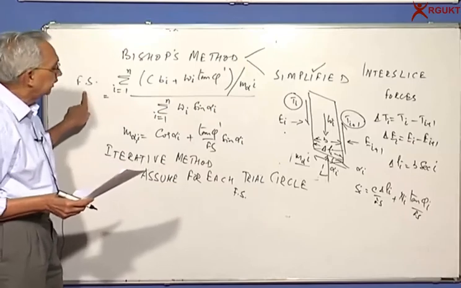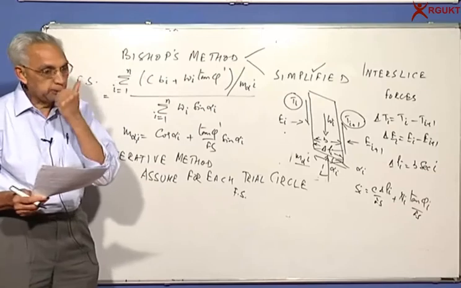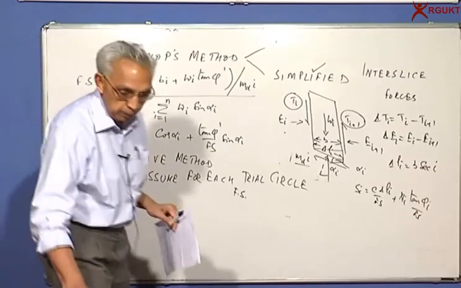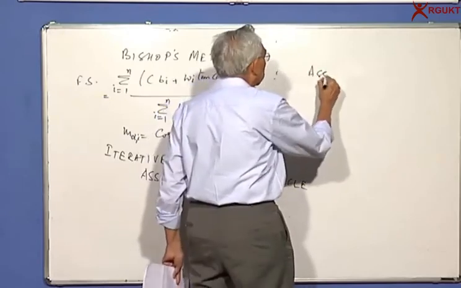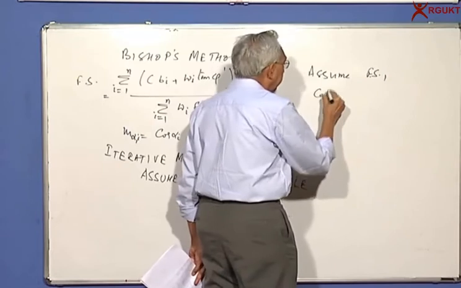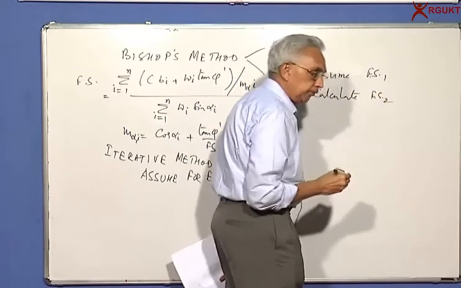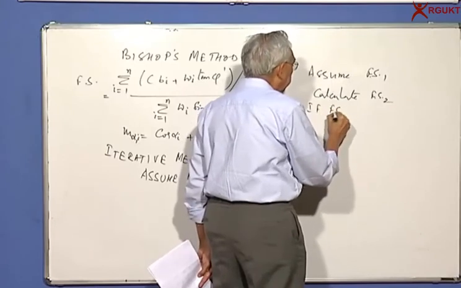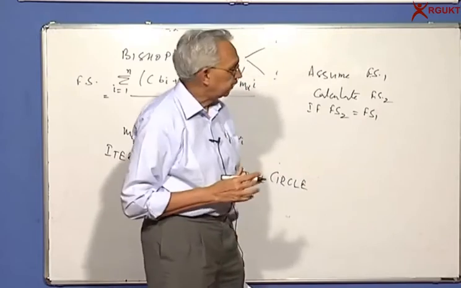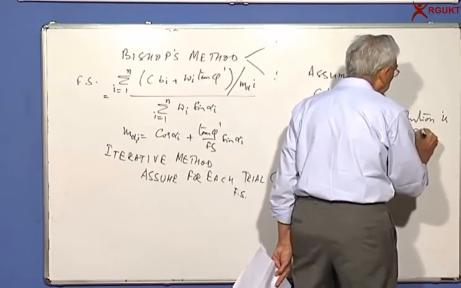If this factor of safety is equal to the assumed one, then your result is good. Otherwise, we go iteratively: assume Fs, let's say I call it Fs1, calculate Fs, and I call it Fs2. If Fs2 is equal to Fs1, you have done a very good job of estimating, then the solution is correct.